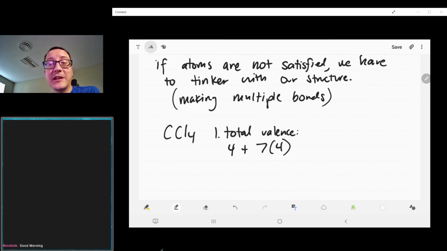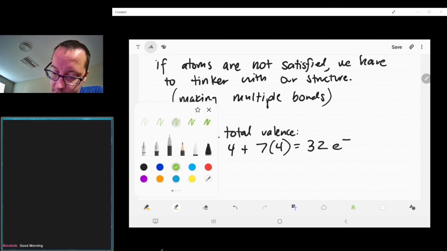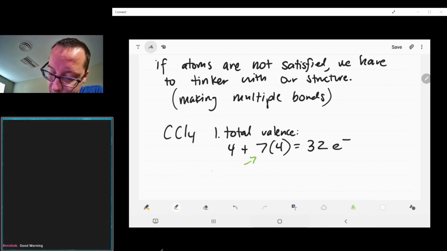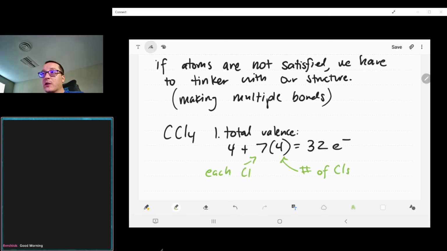So that'll be 4 times 7 because we have 4 chlorines there. That'll be 32 electrons once we add it all up. Just so we see that each has 7 valence electrons. And then we have 4 chlorines. And then, of course, this was carbon over here. All right, so we've got 32 electrons.